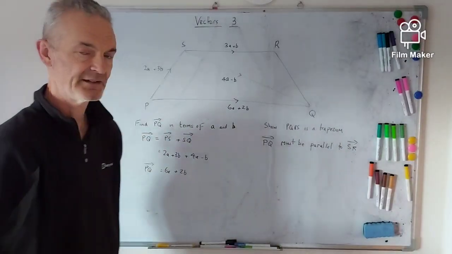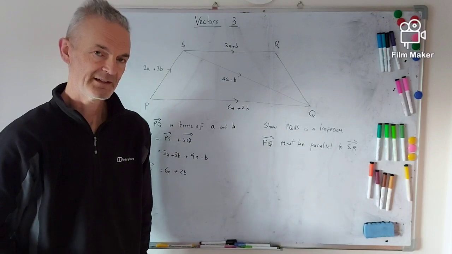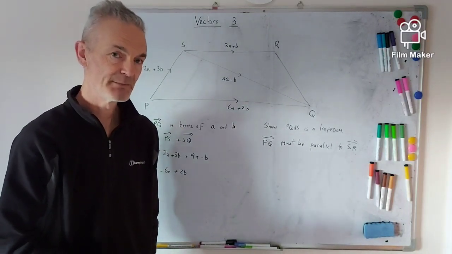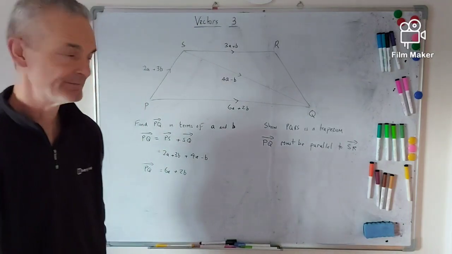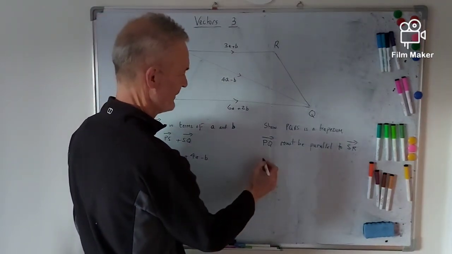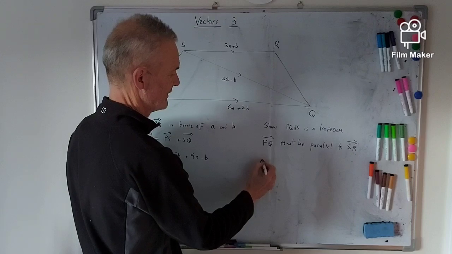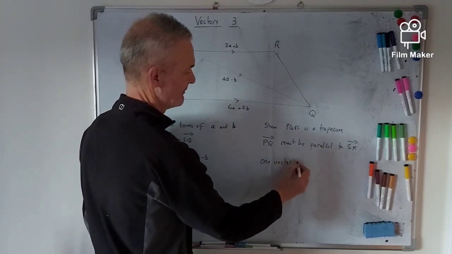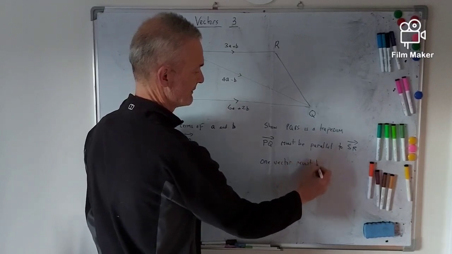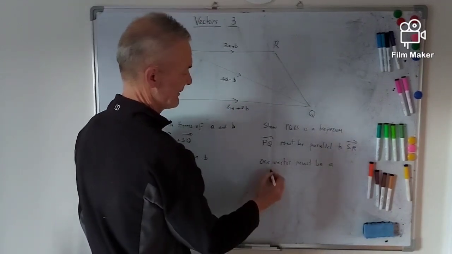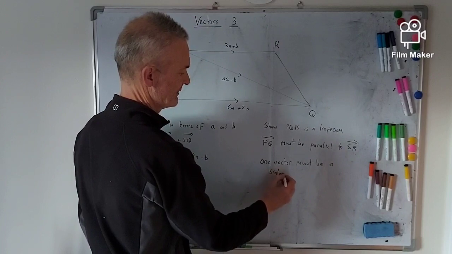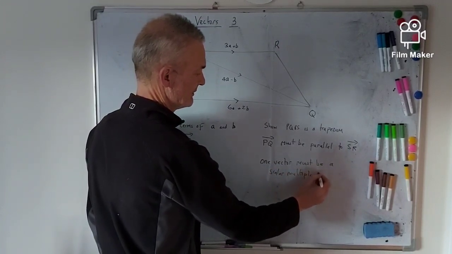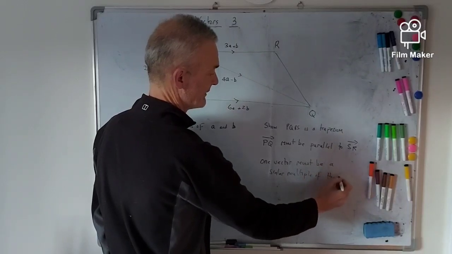Now, as far as vectors are concerned, one vector is parallel to another if it is a scalar multiple of that vector. So I'm going to put that down: one vector must be a scalar multiple of the other.